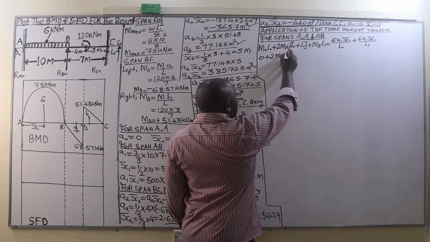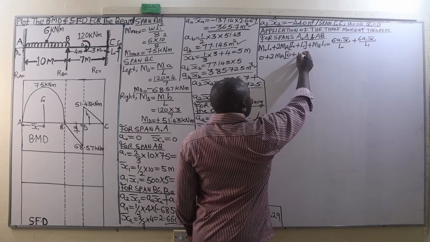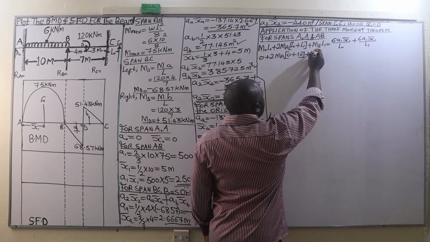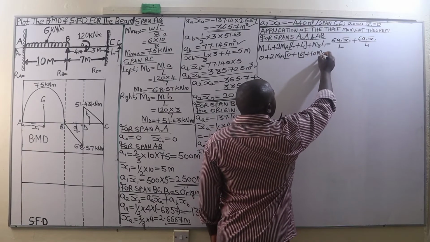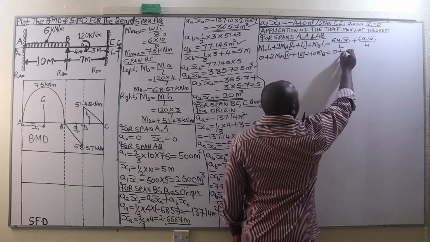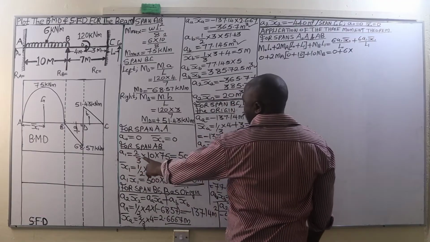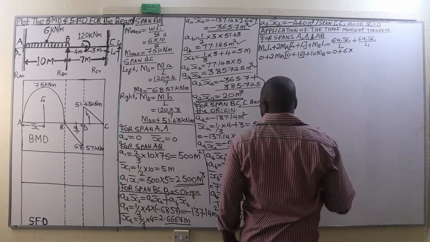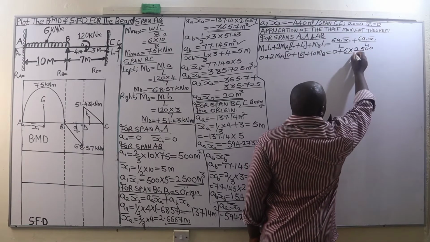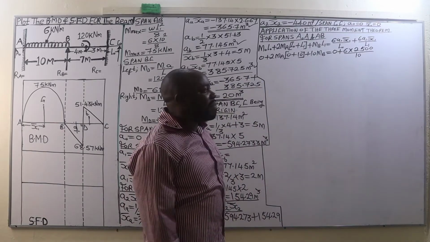2MA into bracket L0 is 0 plus L1 is 10 meters, plus L1, which is 10 MB. That will be equal to 0 plus 6 multiplied by A1 bar x1, which we had as 2500. Then we divide this by L1, which is 10 meters.